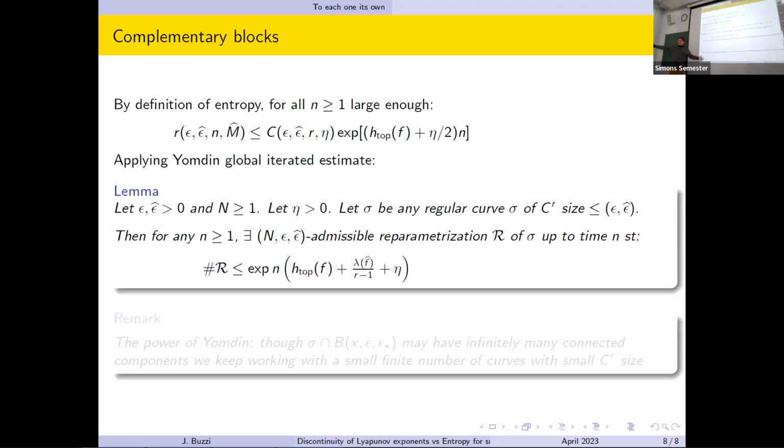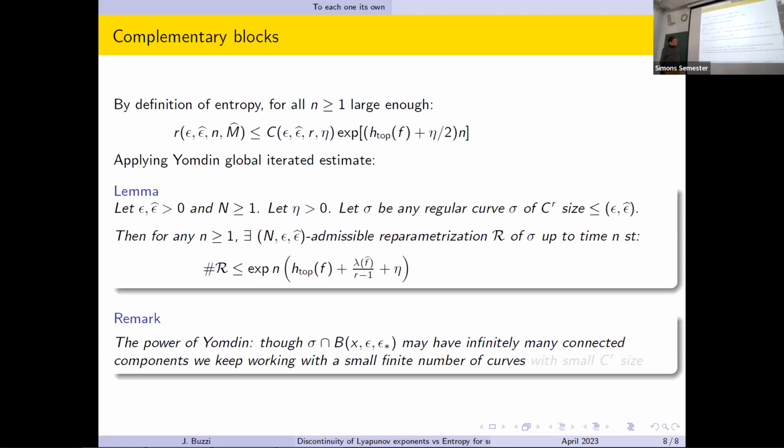You just apply the definition of the topological entropy, and then you are inside a dynamical ball of order the length of your interval, and then you just can apply Yomdin. Okay, or in the other lemma, you have to apply Yomdin every once in a while. But you need it already here.